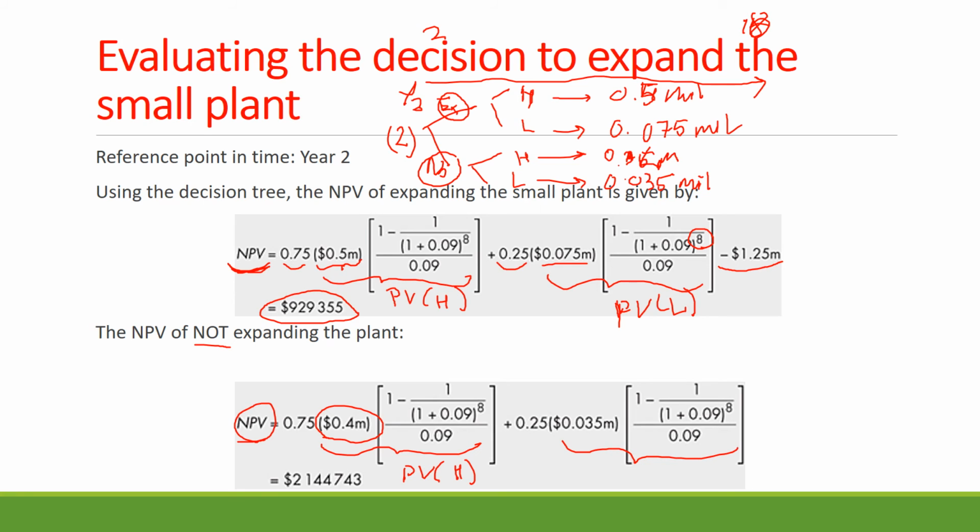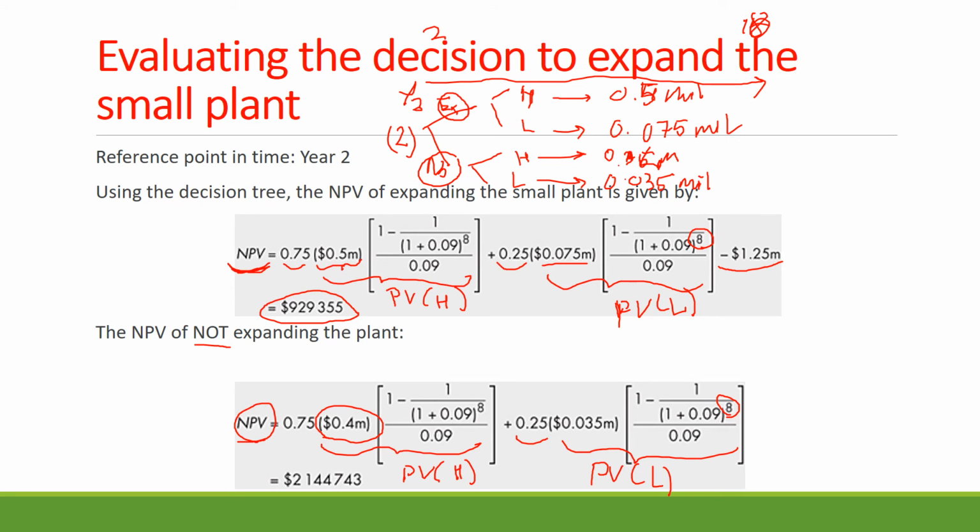Similarly, for the low demand scenario, we work out the present value for the low demand using an annuity present value formula with annual cash flow of 0.035 million. And we have 8 cash flows once again.